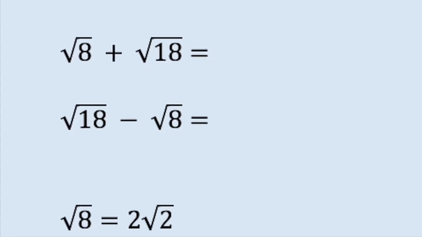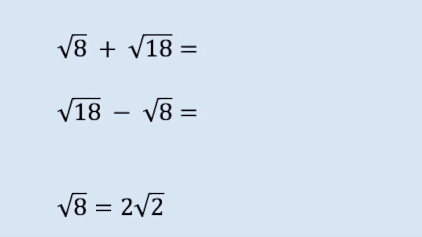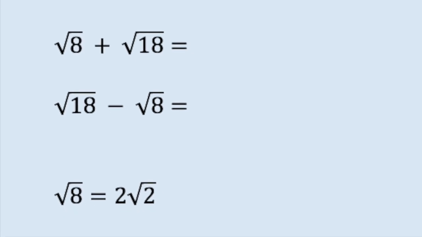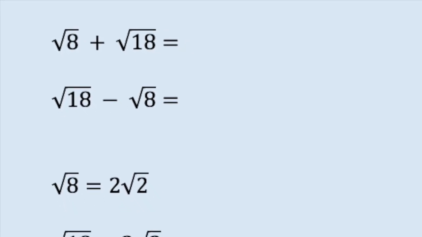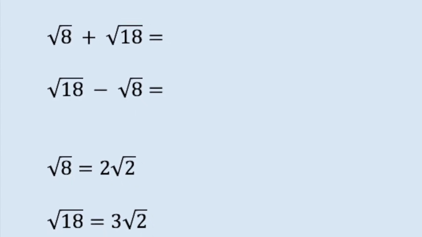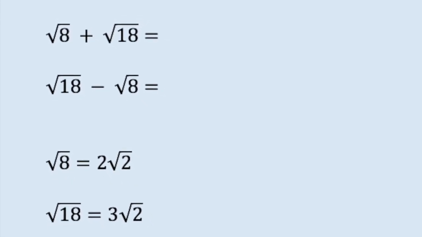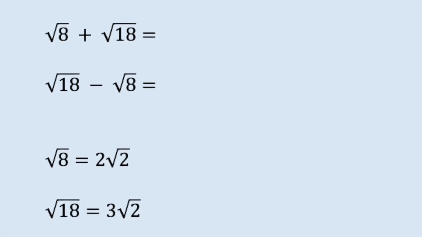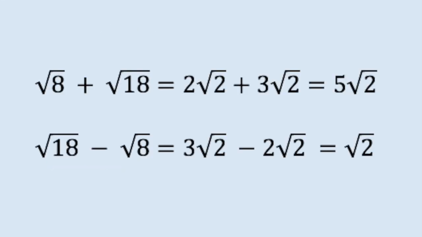Do you remember? The square root of 8 is equal to 2 square root of 2 after removing the 4. And the square root of 18 is equal to 3 square root of 2 after removing the perfect square 9. So, the square root of 8 plus the square root of 18 is equal to 2 square root of 2 plus 3 square root of 2.